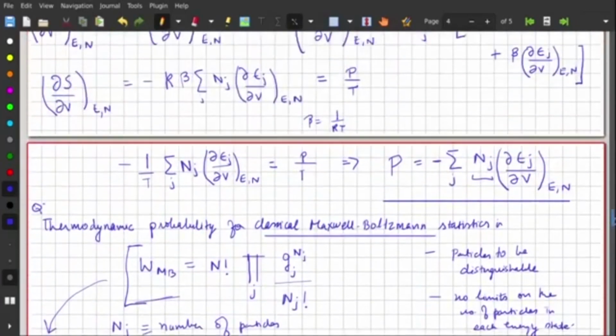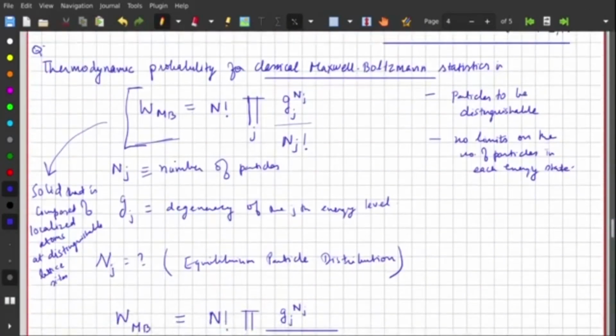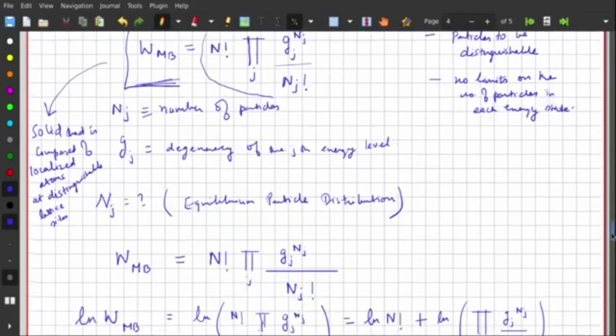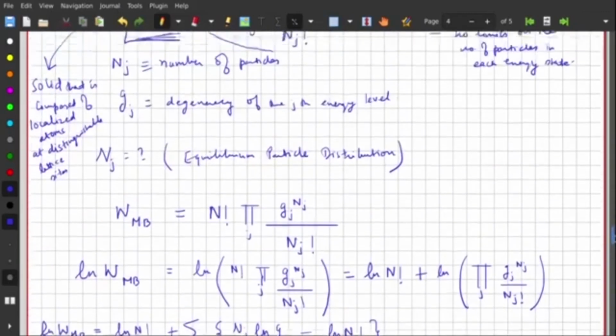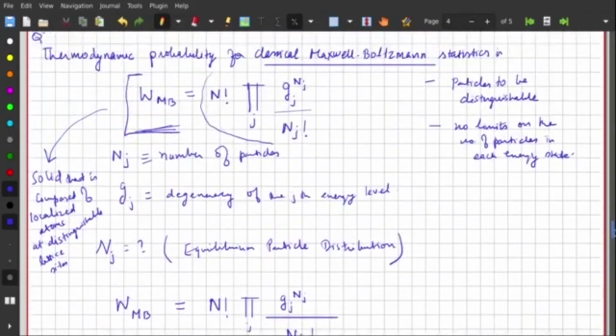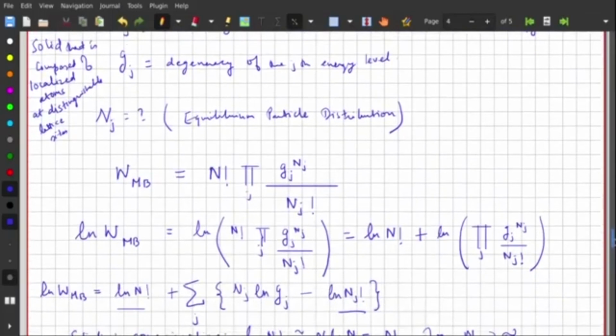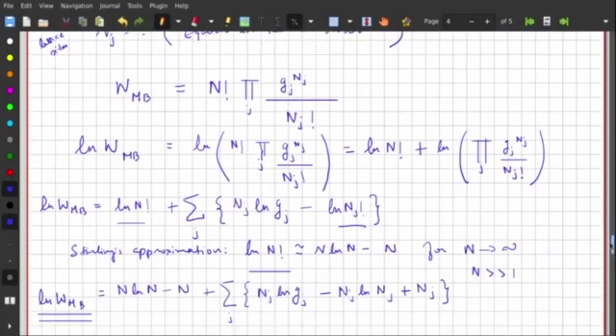that's how we do it for any general statistics. So we start with the thermodynamic probability for that statistic, and this comes from the fundamentals of probability theory, permutations and combinations. And once we have this, then we take the log of that thing and then log of the factorial. Okay, so we have log of factorial, and then we want to convert it into some kind of a continuous version for large n's.